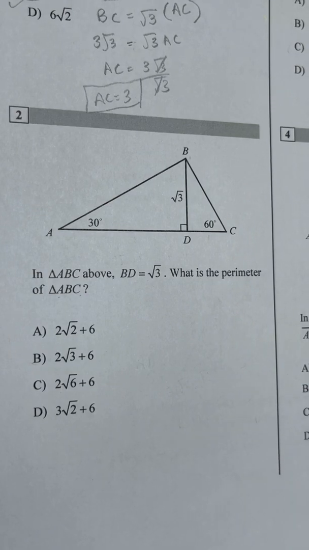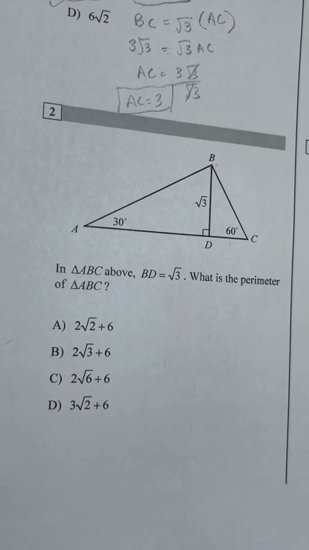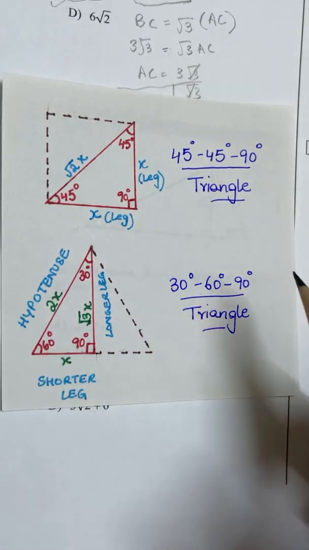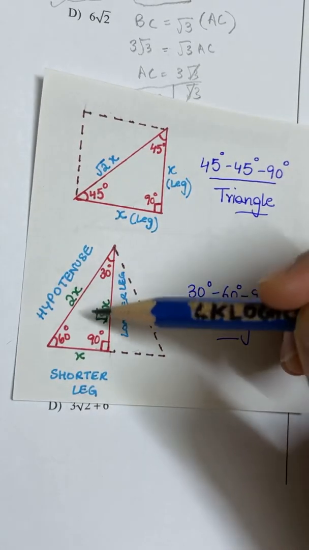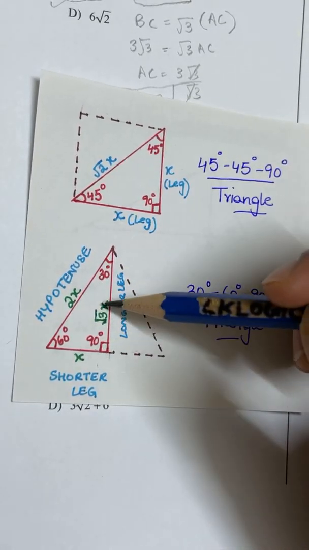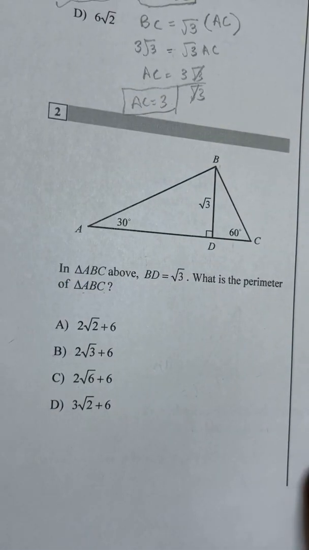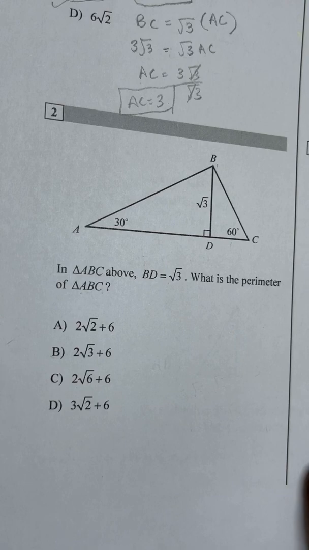In the figure, triangles ABD and BCD are 30, 60, 90 triangles. Yes, they are 30, 60, 90 triangles. In 30, 60, 90 triangles, the hypotenuse is twice the shorter leg and the longer leg is root 3 times the shorter leg. So we are going to apply that. So here, which is your shorter leg?